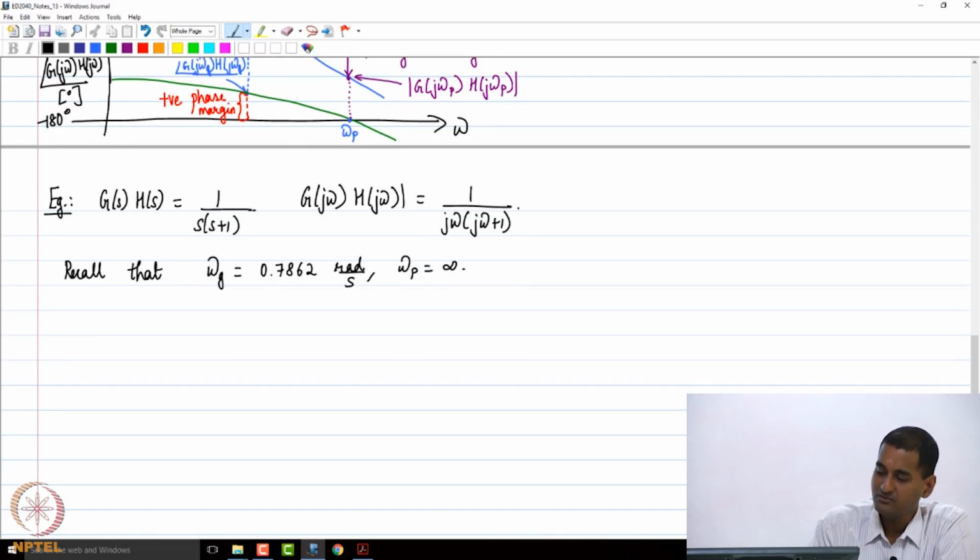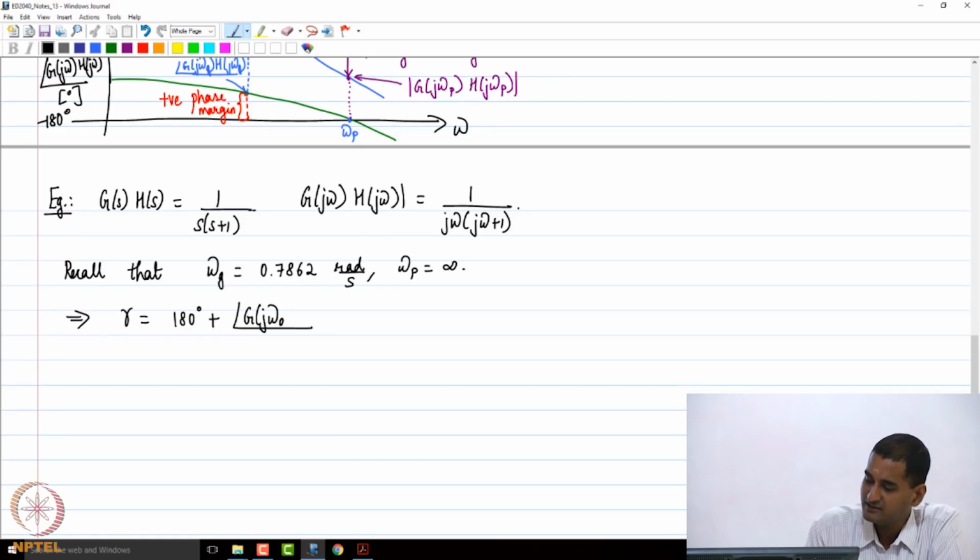Now what does this imply? The phase margin gamma is going to be equal to 180 degrees plus the phase of the open loop transfer function at the gain crossover frequency. So, what is the phase of g of j omega, h of j omega at the gain crossover frequency?